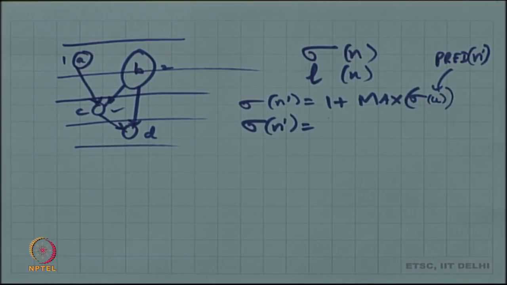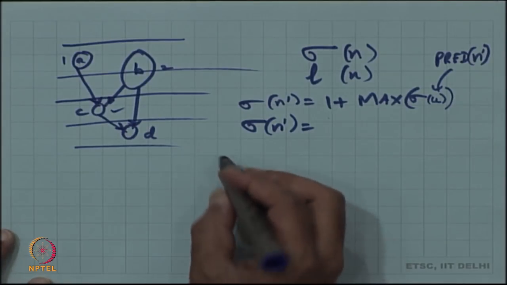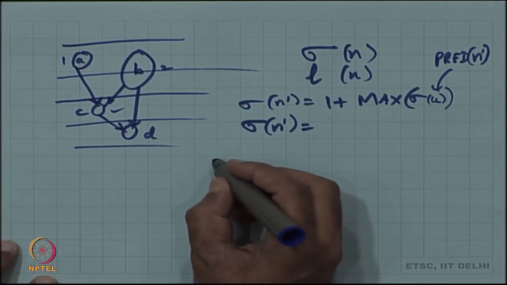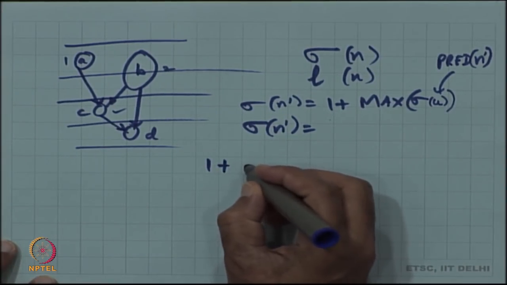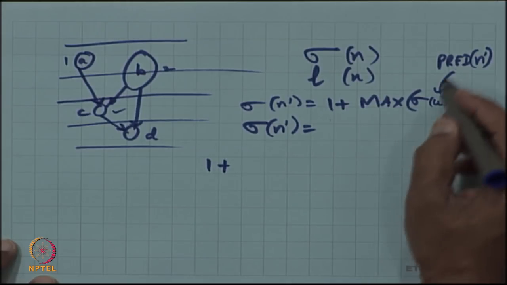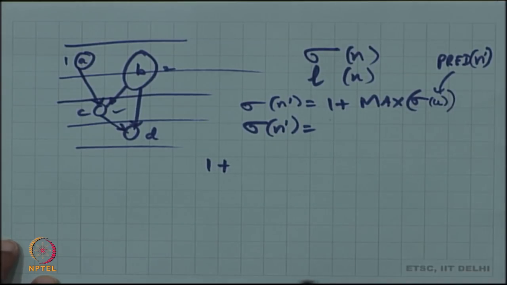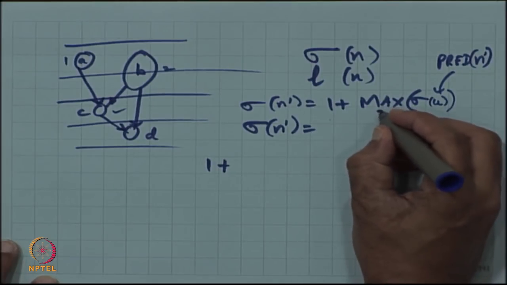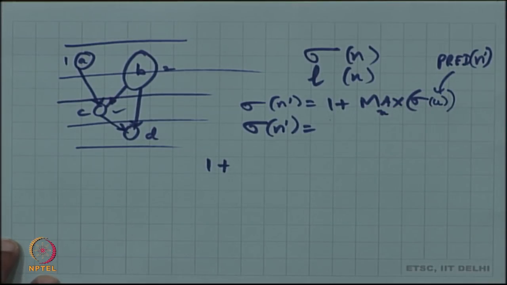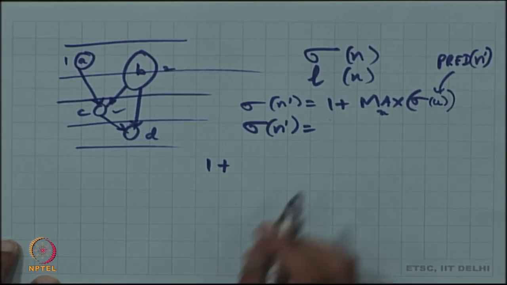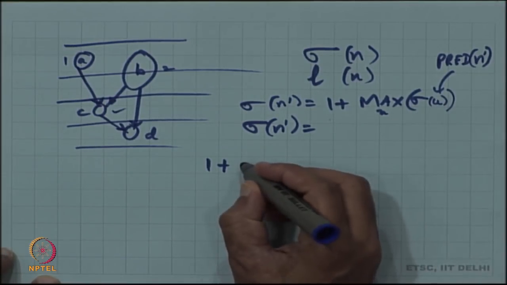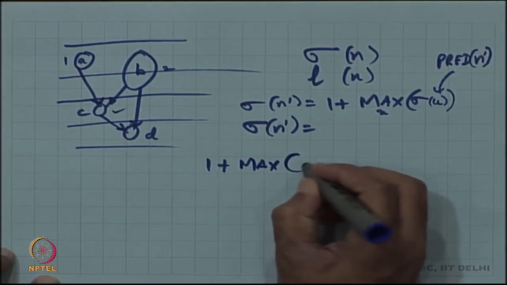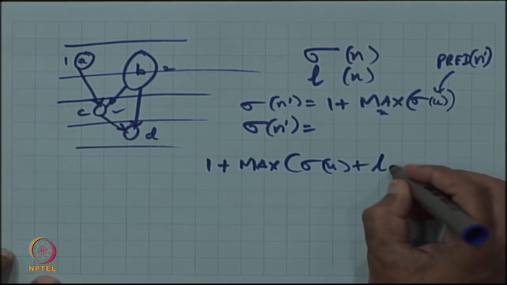Instead, it would be now what? The max over all the u of sigma u plus L u, where L is the latency of u. Would I still have the 1 plus?